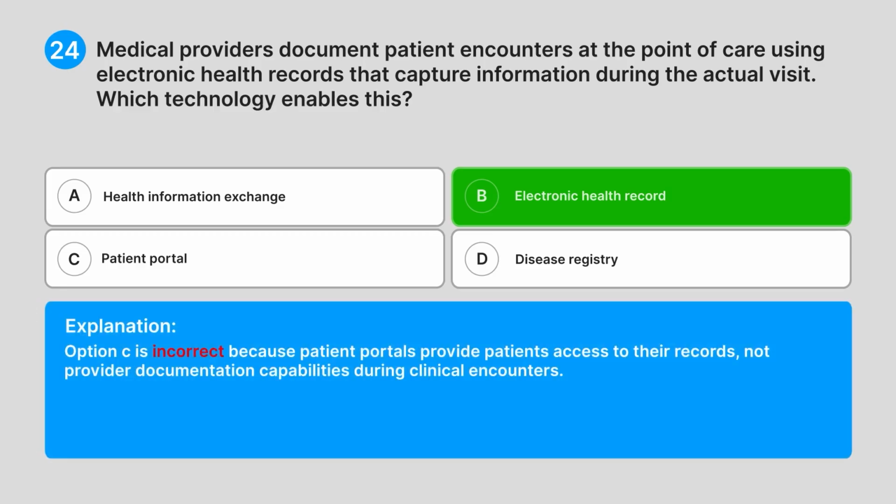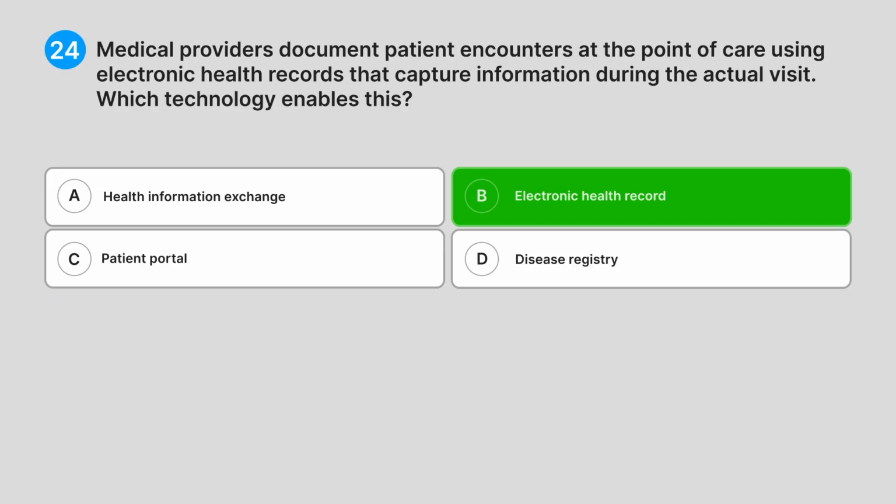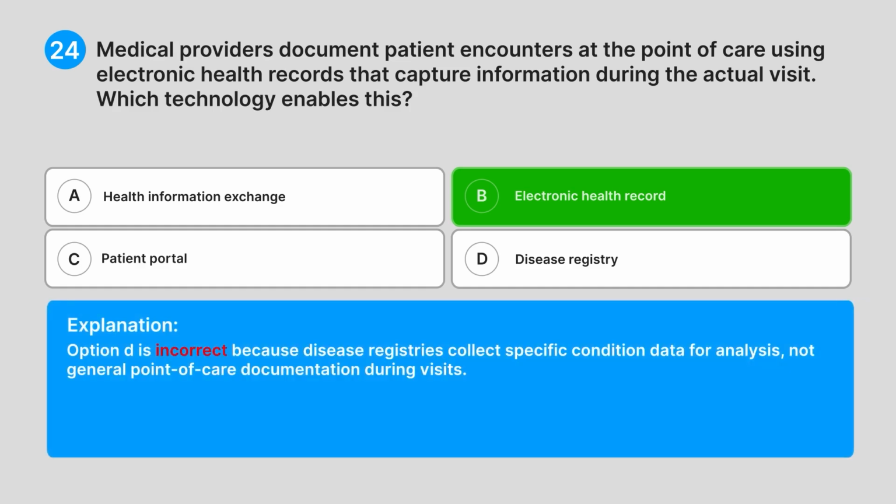Option C is incorrect because patient portals provide patients access to their records, not provider documentation capabilities during clinical encounters. Option D is incorrect because disease registries collect specific condition data for analysis, not general point-of-care documentation during visits.